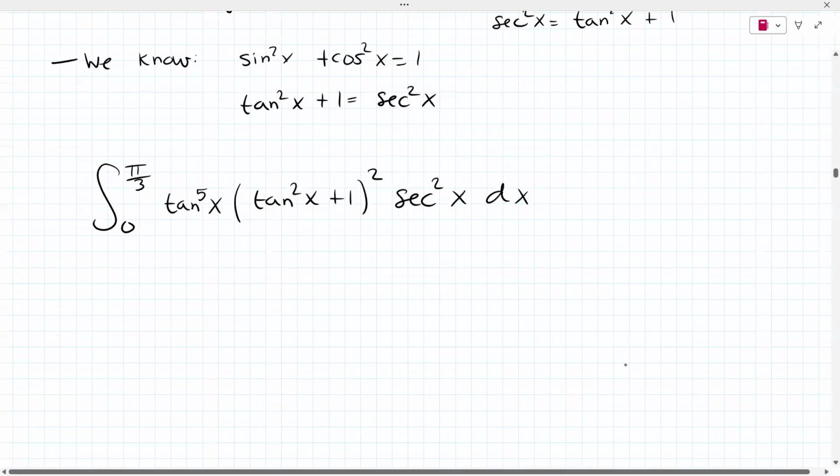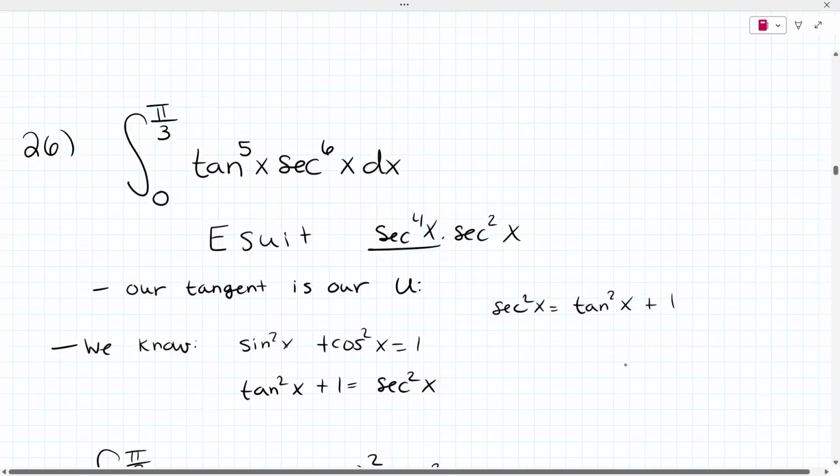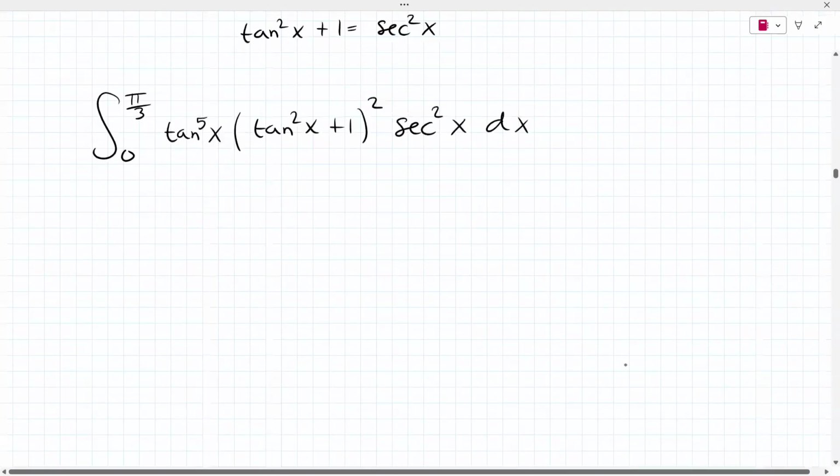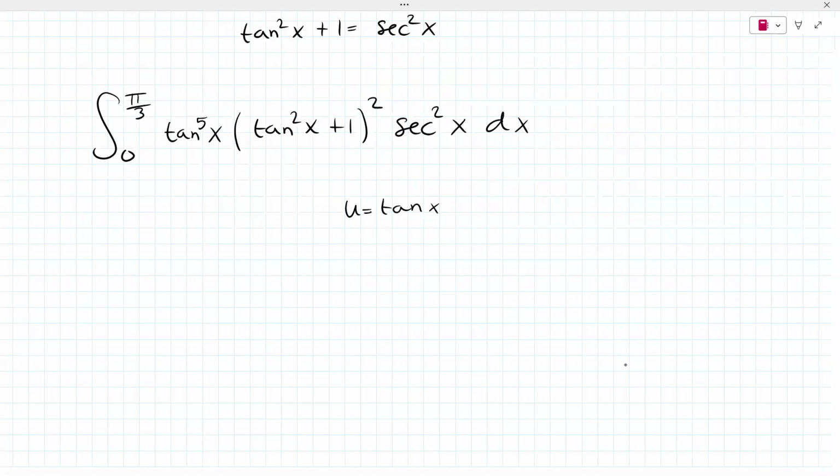Okay, so then we're going to do u-substitution. That means our tangent is our u, so we'll say u equals tan of x. I'm going to leave our boundaries blank for now because I'll change it in a minute, right?